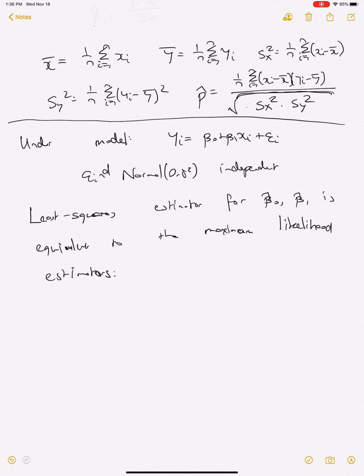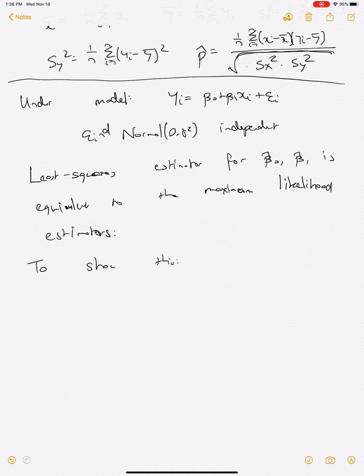So let's see why. To show this, another way to think about this is that yi is normally distributed with mean beta 0 plus beta 1 xi. So you can think about the regression line as really just being the mean of these yi's, with a variance of sigma squared.